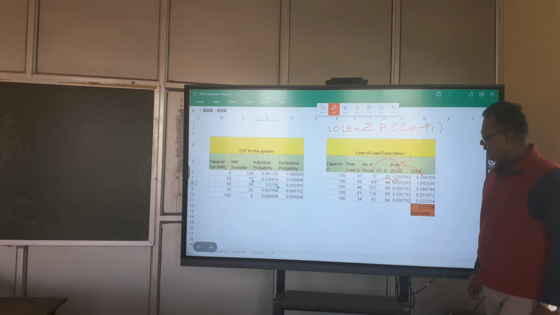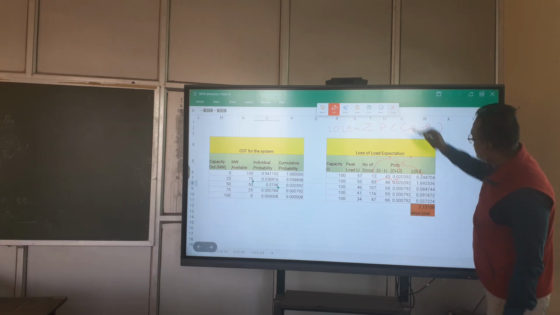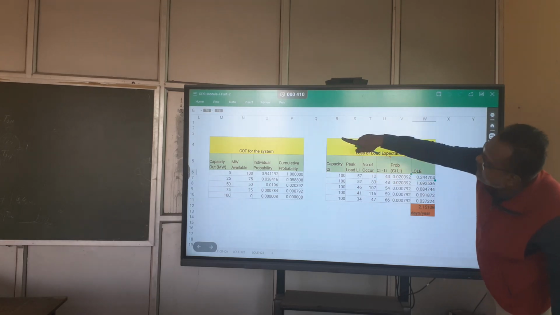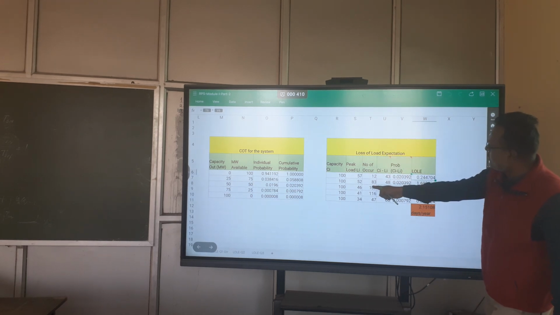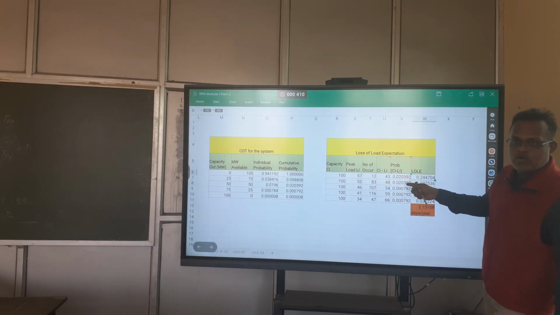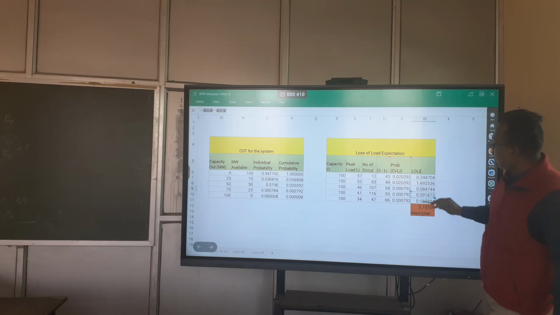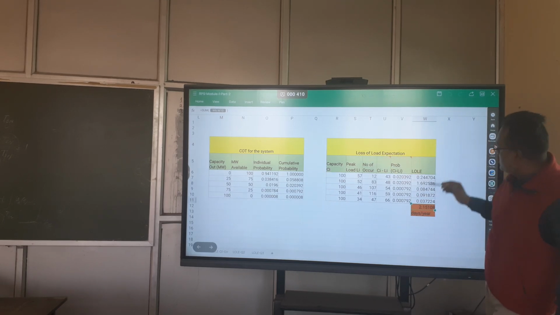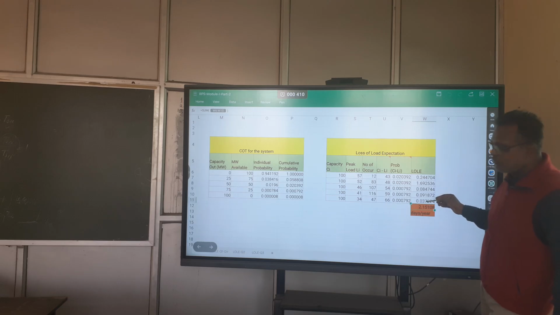So it is T6 into V6, the number of occurrences into the probability, then T7 into V7, T8 into V8, T9 into V9, T10 into V10. And you add this up.